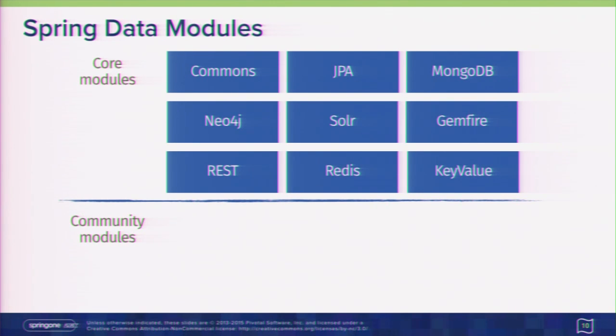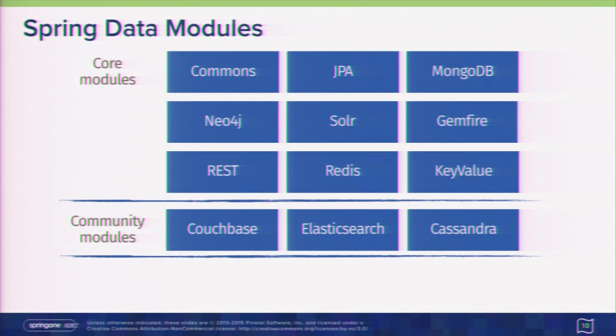There are also a lot of community modules and work going on there, because there is Couchbase, and there is the Elasticsearch module I'm going to present today, which is actually not maintained by us, but by the community itself. So there's a bunch of guys in London who liked Elasticsearch a lot and who liked the idea of Spring Data a lot, so they basically sat there and implemented that. It's really cool to see all those community projects evolve and grow. And there's one for Cassandra as well.